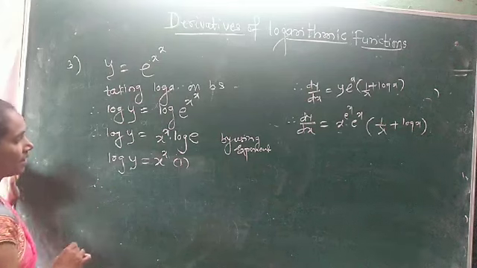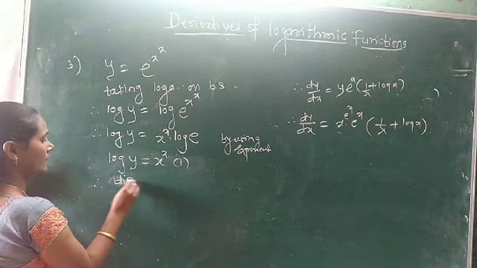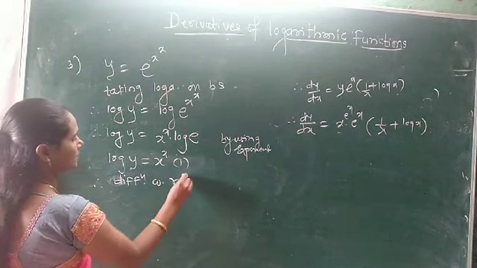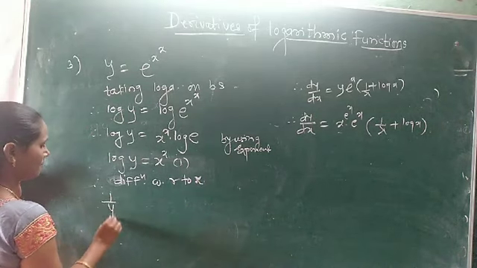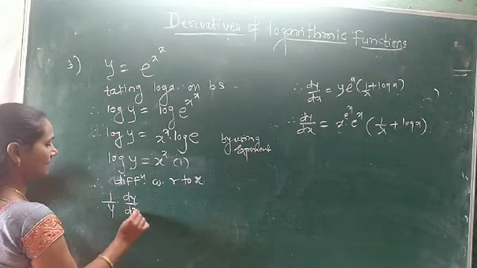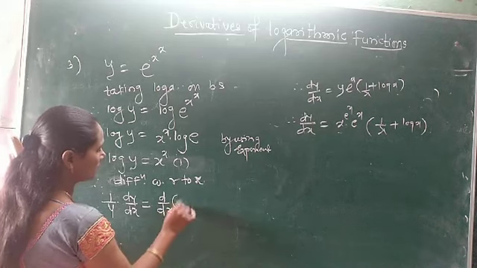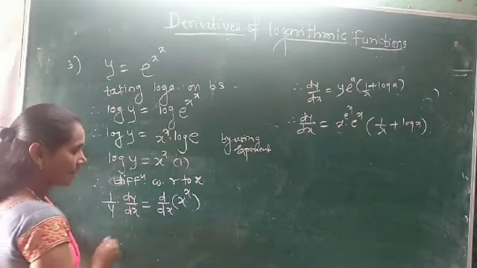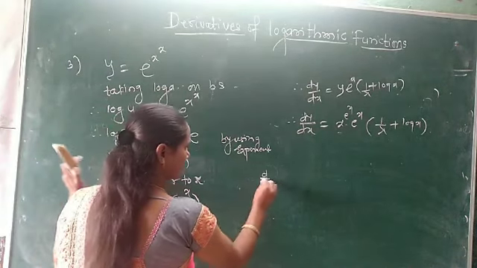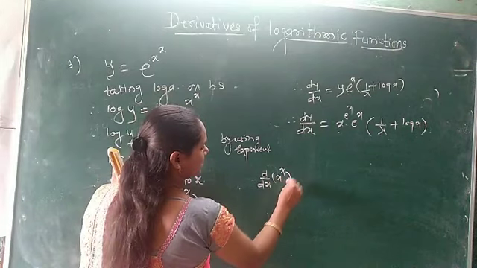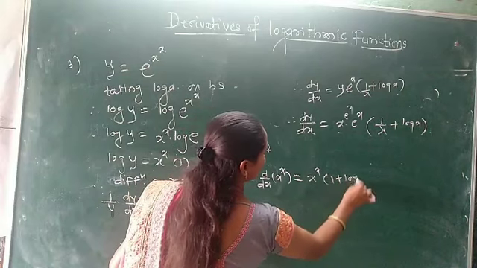So, differentiate with respect to x. That is 1 upon y into dy upon dx, which is equal to derivative of x raised to x. And in the first example, we already saw the derivative of x raised to x, that is x raised to x into 1 plus log x.